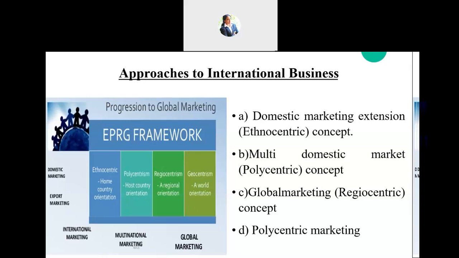Now, whenever a company goes in for the geocentric approach, it will never equate nationality with superiority, and the company will always try to use the best of human resources to solve problems globally.